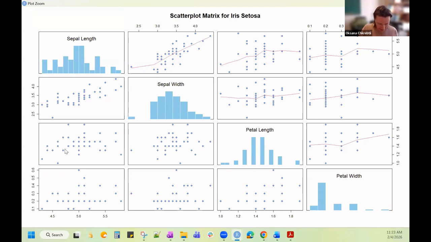And here again, we have the relationship between sepal length and petal length. As you can see, that relationship is less strong. That dependence is less strong. But if you look at the dependence, for instance, between petal length and petal width, again, we have a positive correlation between them. As one increases, the other one is more likely to increase, and vice versa.